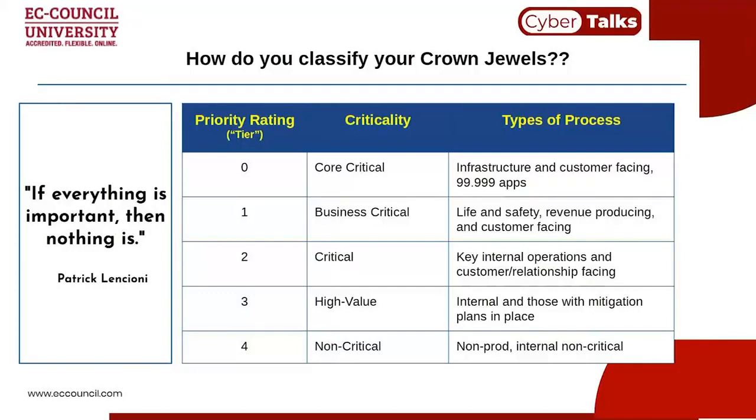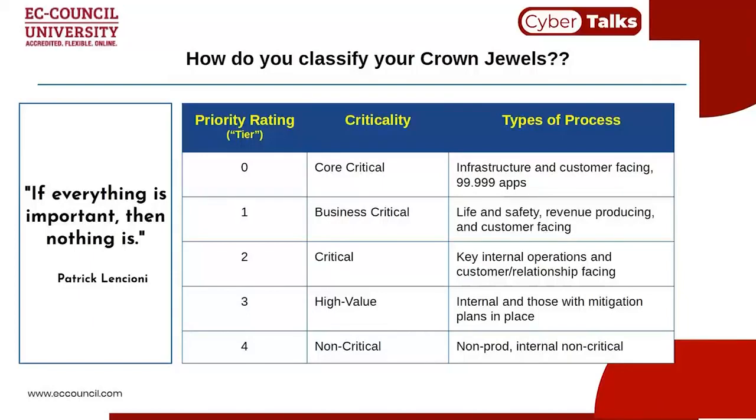Because remember, in a disaster situation, you need to have your priorities straight, and you can't fix everything at once with limited time and resources. So be aware, I warned you, you're going to have some battles with the business about how important their application is.